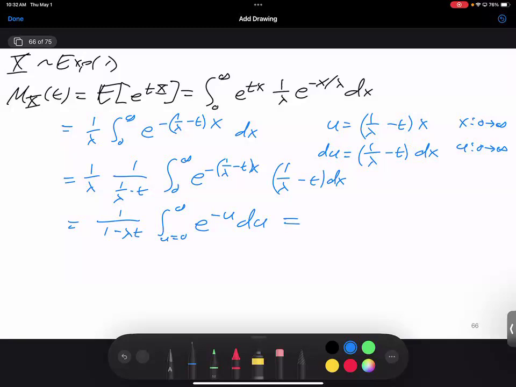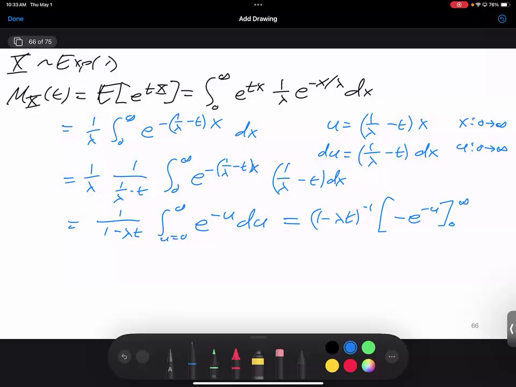All right. What's the integral of e to the minus u from 0 to infinity? You could do the integral directly, but this is the probability density of which exponential? It's an exponential with parameter 1. The integral just has to be 1 because it's a density. If you don't remember that, it would just be negative e to the minus u evaluated at 0 and infinity.